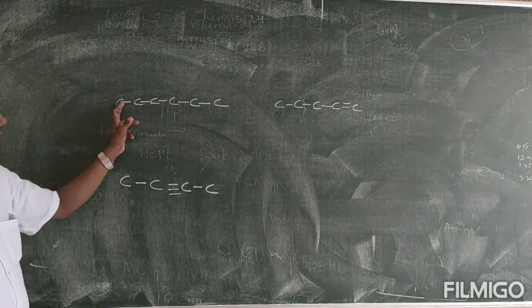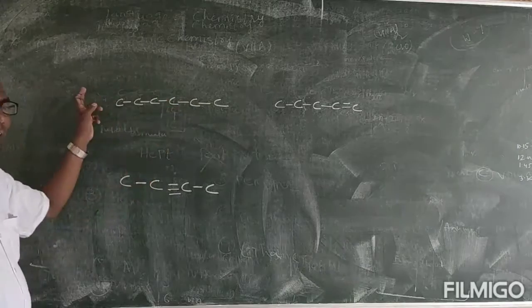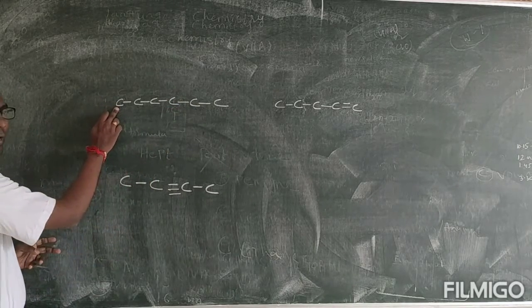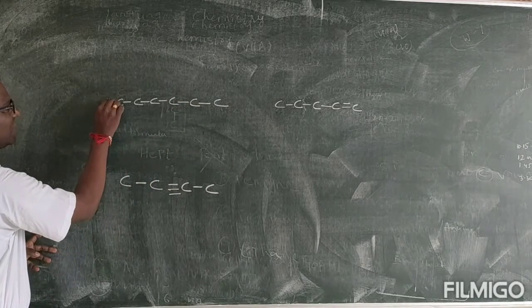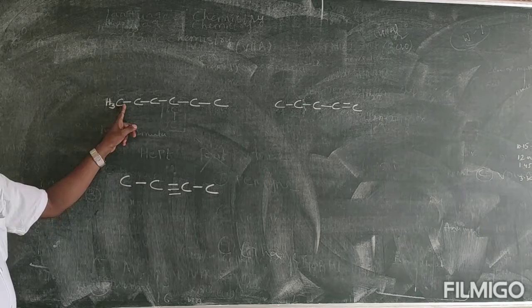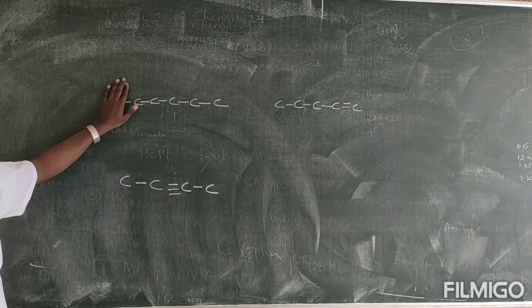See, if nothing is there here, what does that mean? Hydrogens are there. Here how many hydrogens are there? 3 hydrogens. For one carbon, 4 valence we said.